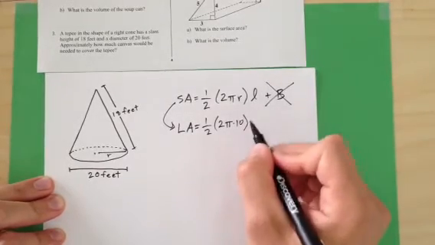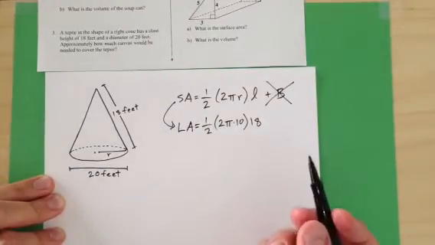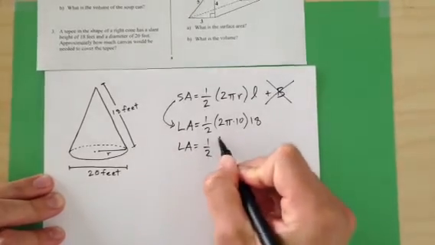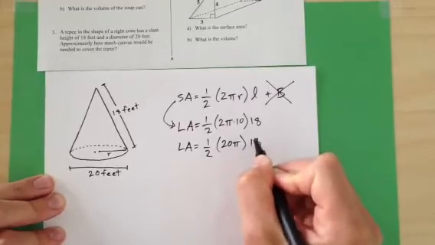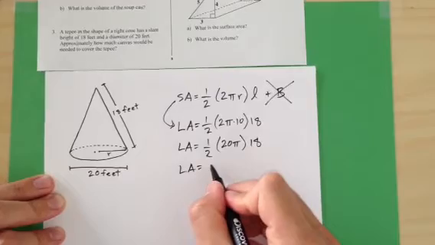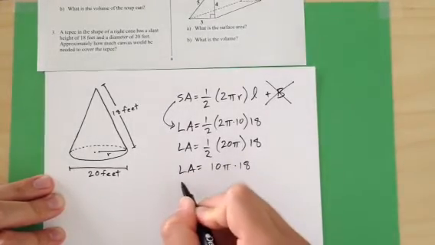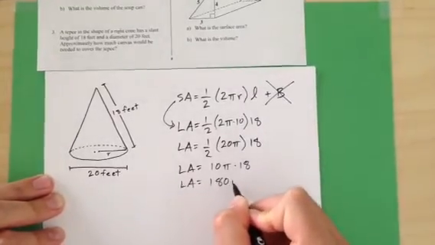It told me in the problem that it was 18. So now if I multiply using order of operations, now I have my lateral area equals 1/2. Multiplying in the parentheses, I get 20 pi times 18. Still using order of operations, 1/2 times 20 is 10 pi times 18. 10 times 18 is 180 pi.